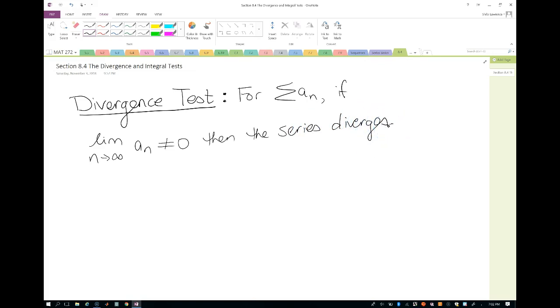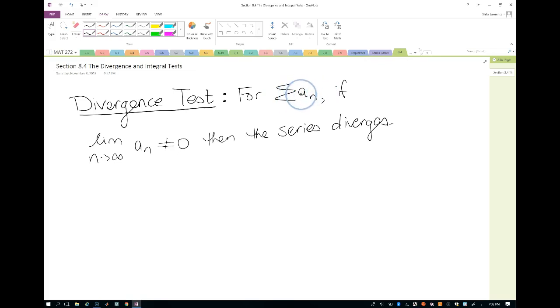So let's take a second just to see what this means. In the series, we're adding together an infinite number of terms. If it converges, that means that sum eventually stops somewhere.